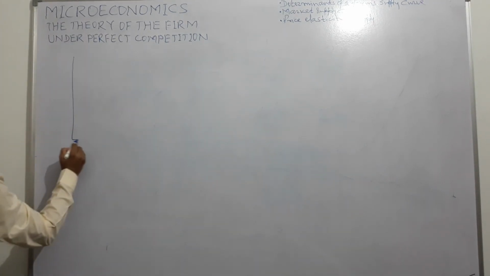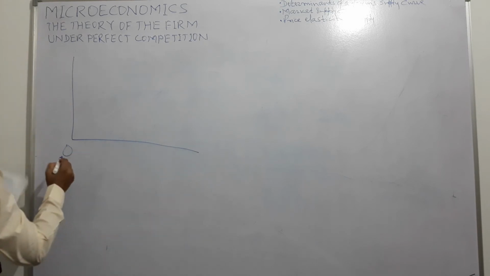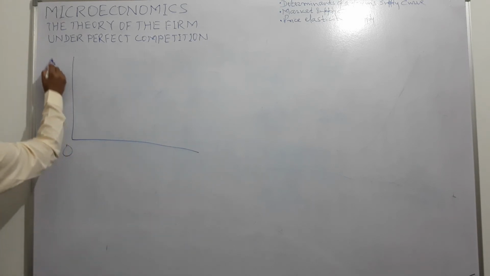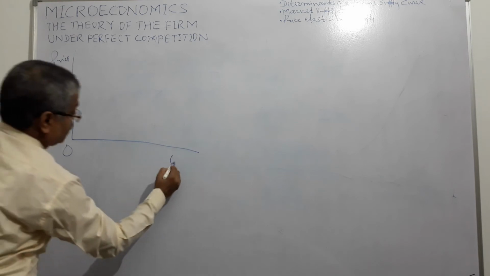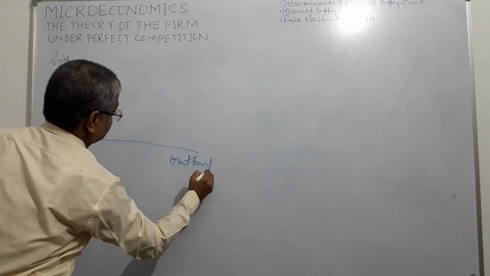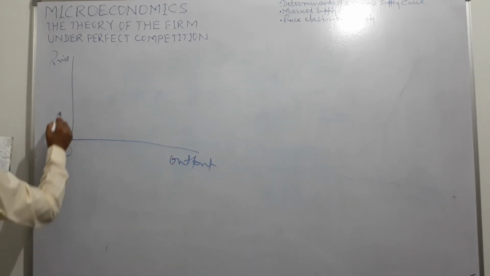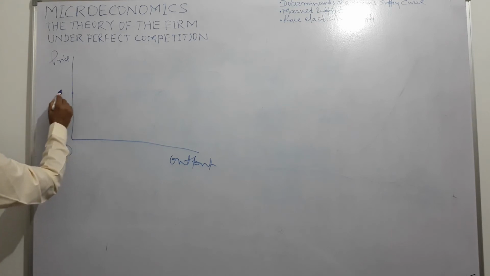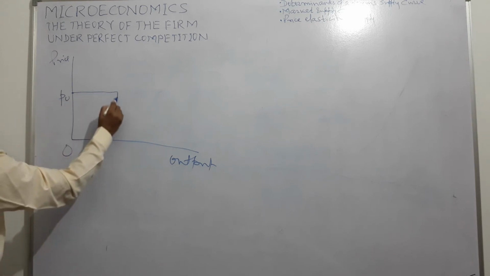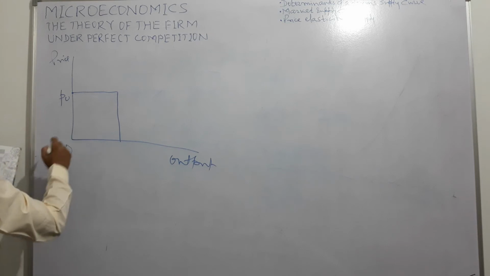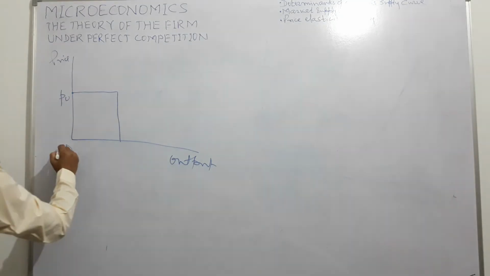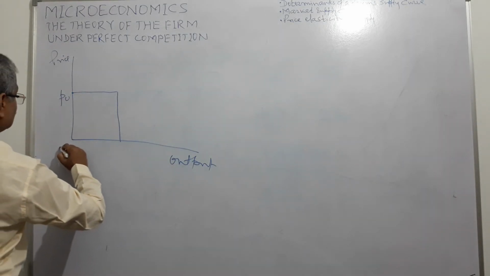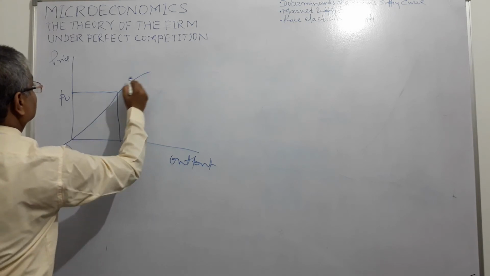Here you will see O, and this is price and this is output. So when the price is P0, here P0, this line goes like this, the supply curve.